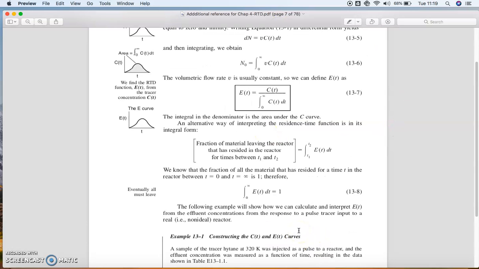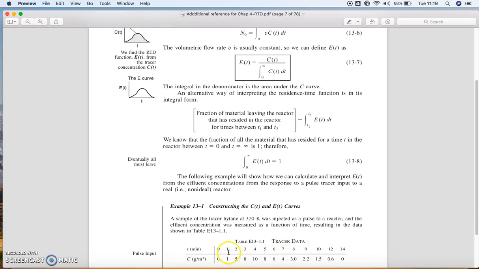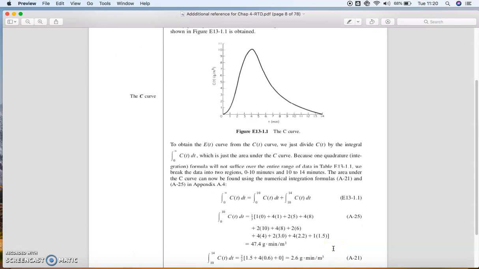If you look at the question, there are two sets of H. One is from 0 to 10, where H is equal to 1. The second set is 10 to 14, where H, the difference between one data point and another, is 2. That's why in this book, the integral of CT from 0 to infinity is split into 2.